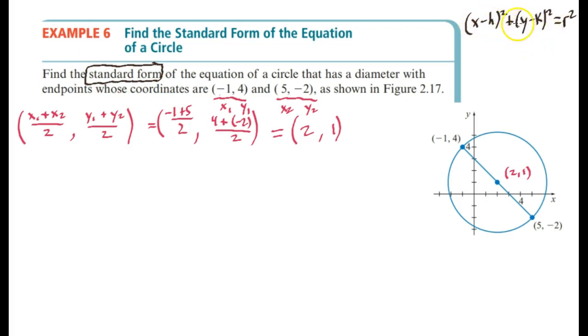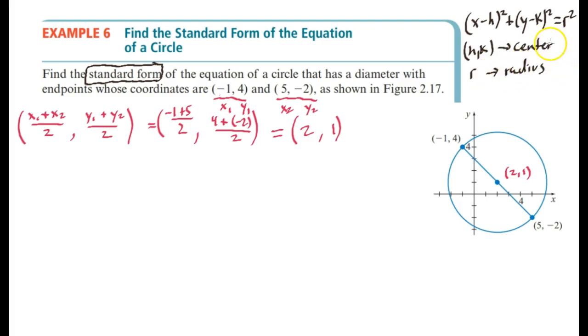Now x and y are part of the formula of a circle, and so those are just variables. The h, k, and r are what we're actually trying to solve for. h and k is a point, and this is the center of our circle. And then we also have r, which is the radius of our circle.